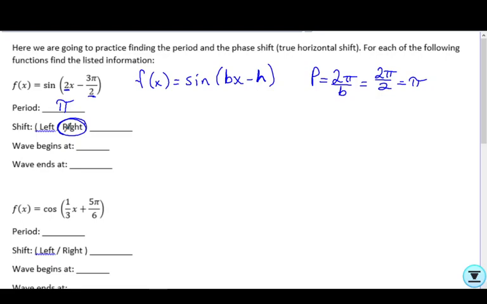So there's an equation that says your phase shift is h over b. In this case, h is 3 pi over 2 divided by b, which is 2.